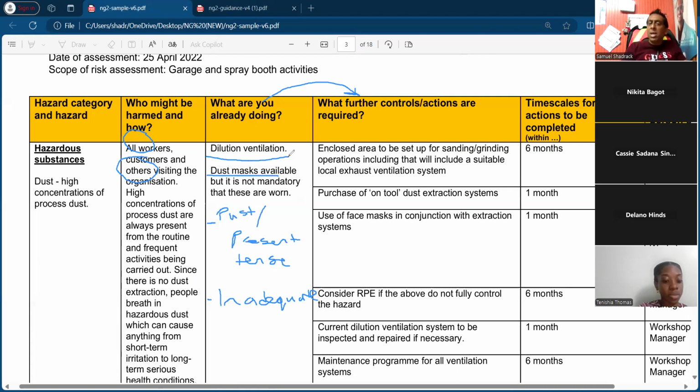But if you read the second one, you kind of pick it up on that one. They say dust mask available, right? But what's the next word after available? But. But it is not mandatory that these are worn. So you kind of said something, but you kind of shut it down there, right?